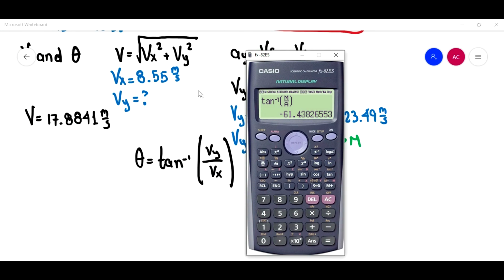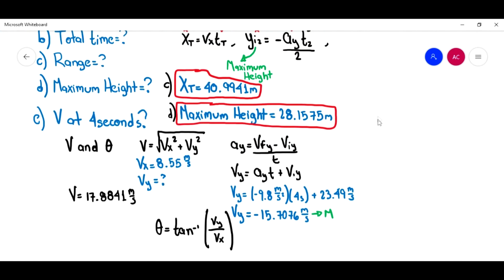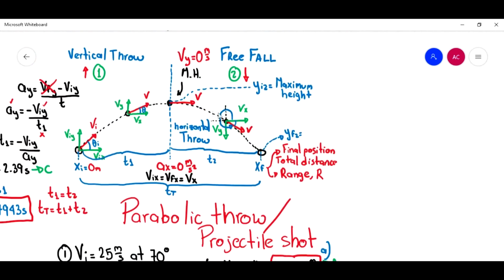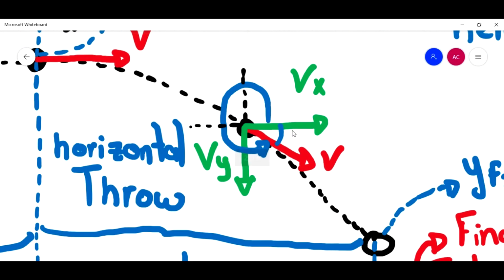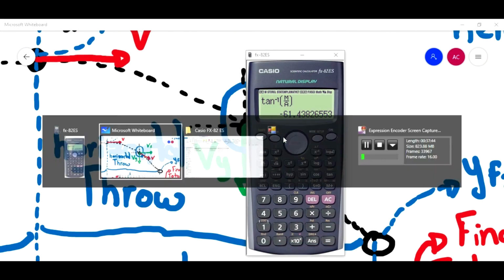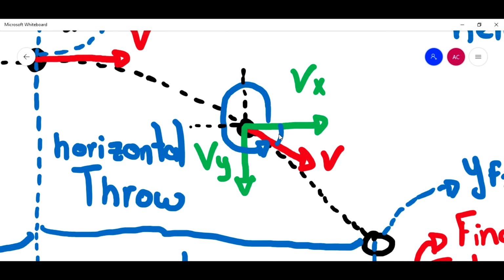Let's go back to the drawing. This angle over here is minus 60.43. So I'm going to add 360 degrees so I can find the total angle.